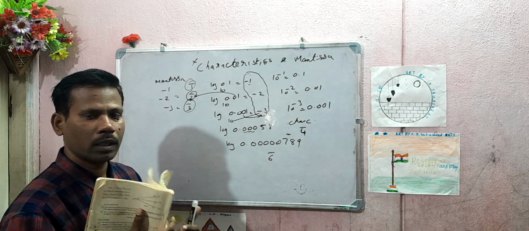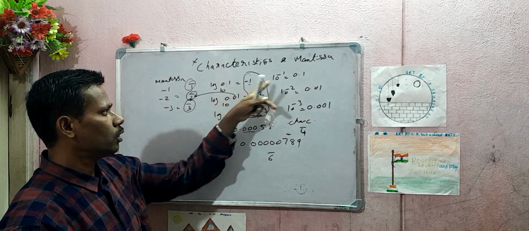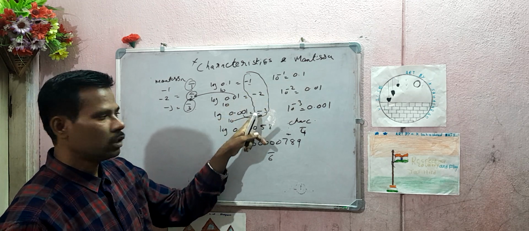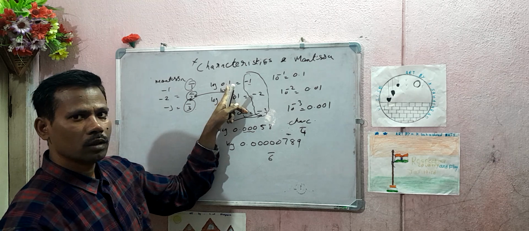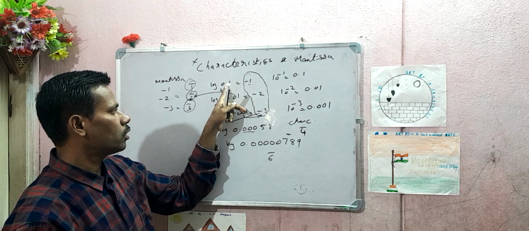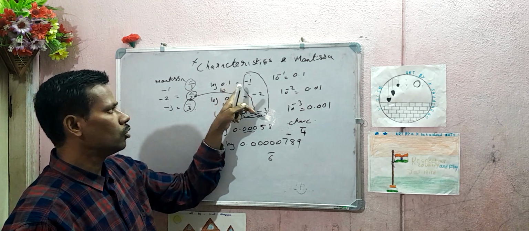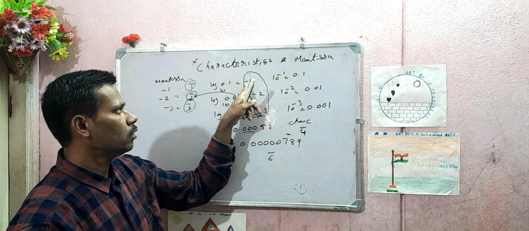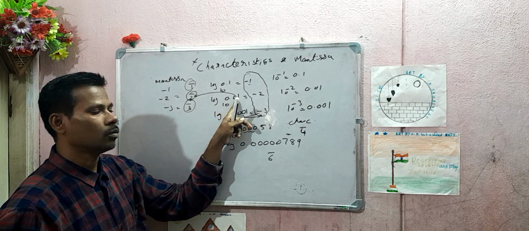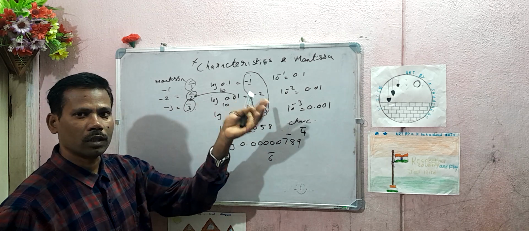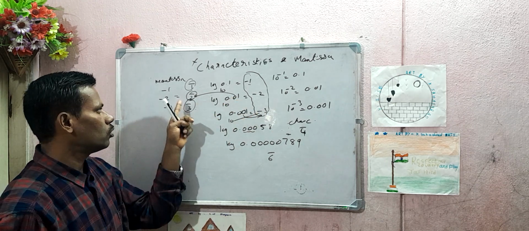Once again I am repeating. The logarithm of this one you know already. When you see this type of pattern, what is the characteristic? In one simple way, here after the point there are no zeros, so add 1. So the characteristic is bar 1. Here after the point how many zeros are there? 1 zero, add 1, so it is 2, so bar 2.